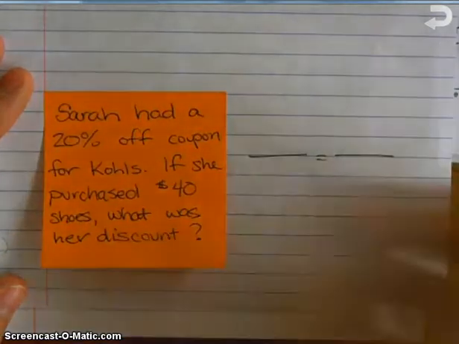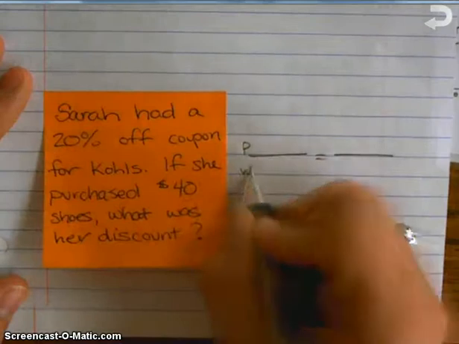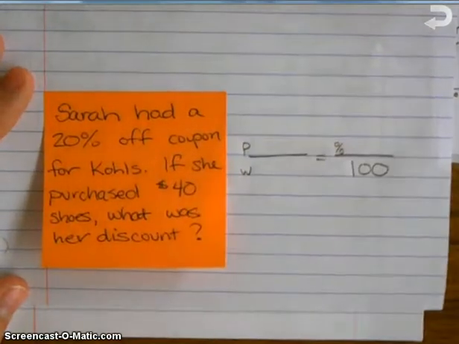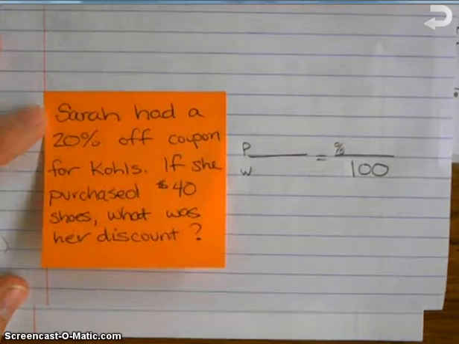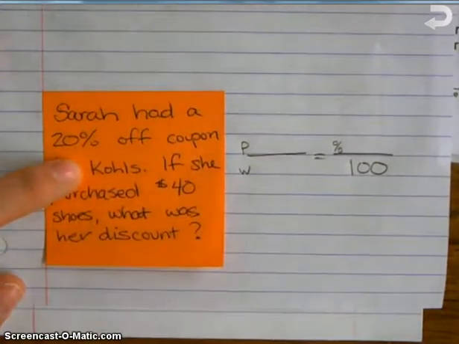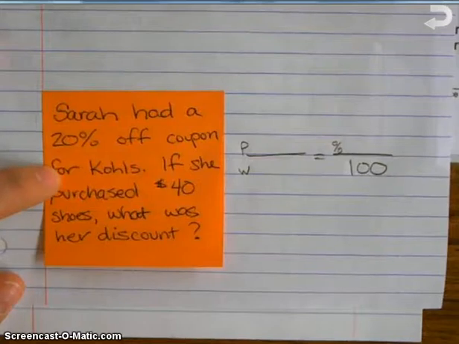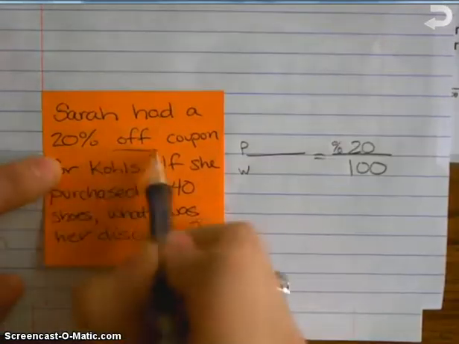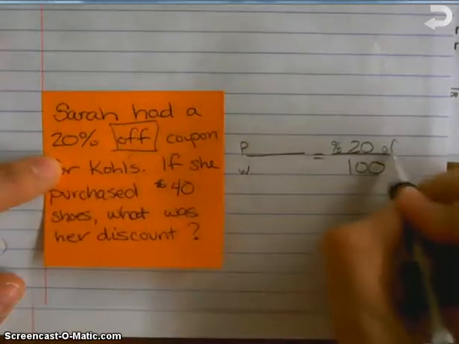Then our formula is part over whole equals percent over 100. Then I have the percent, 20%. Where should that go? What does that 20% represent? 20% is the amount off.